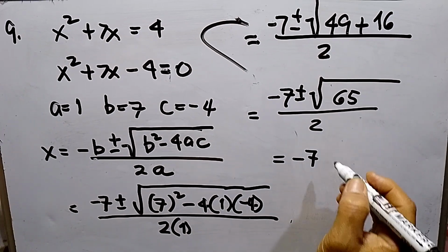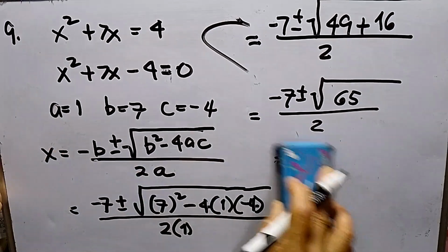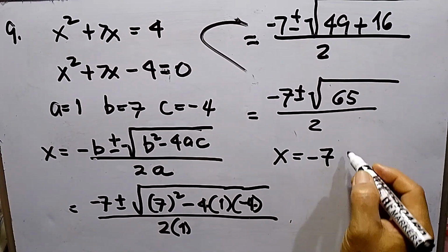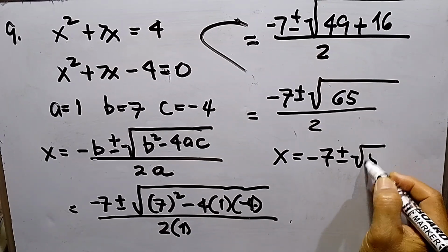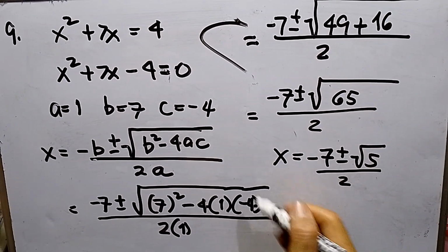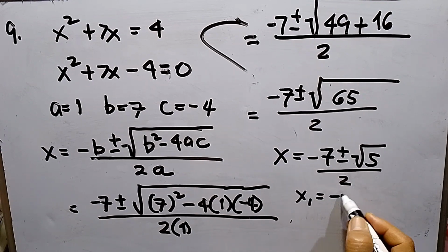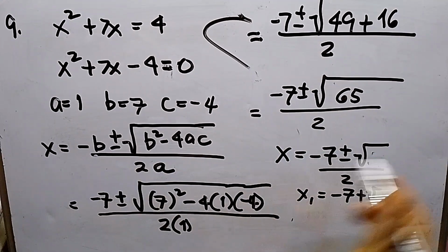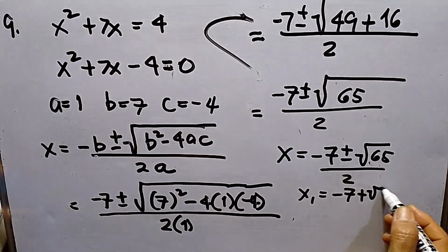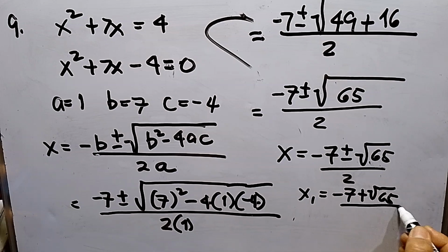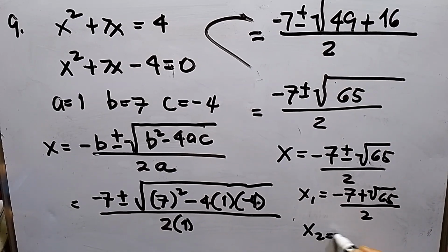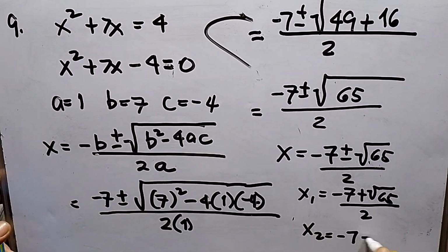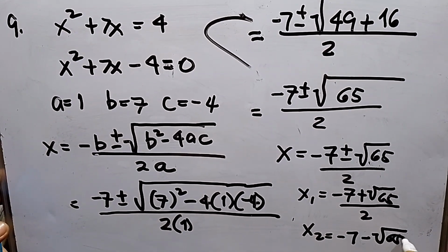We don't have an exact square root. So my final answer will be x is equal to negative 7 plus and minus square root of 65 over 2. Since there are 2 roots, x1 will be negative 7 plus square root of 65 over 2, and the other one is negative 7 minus square root of 65 over 2.